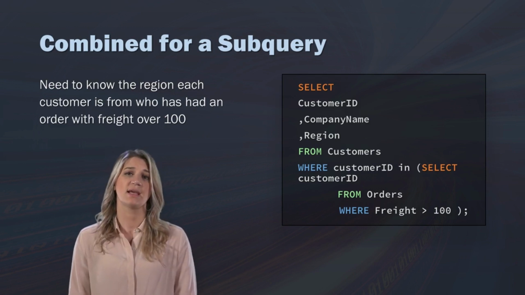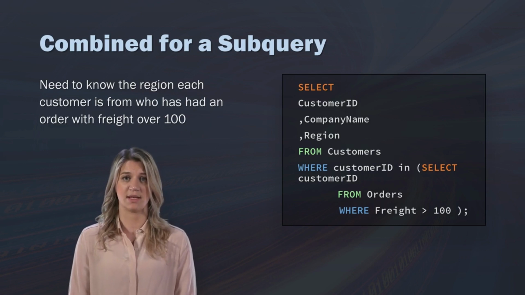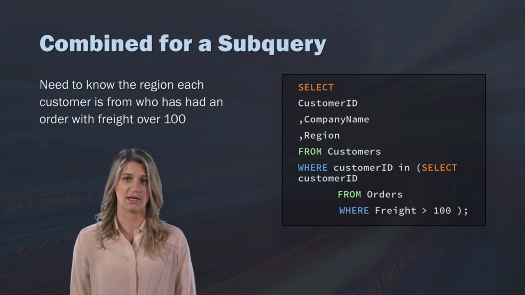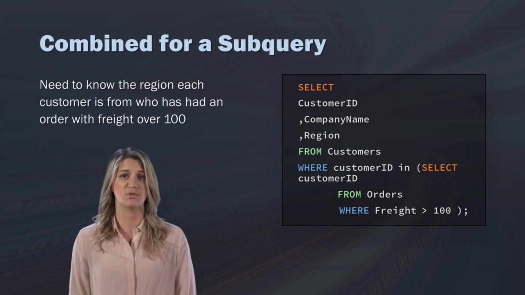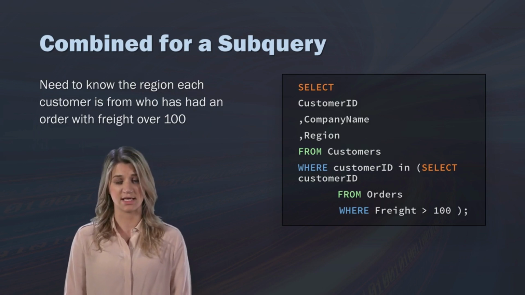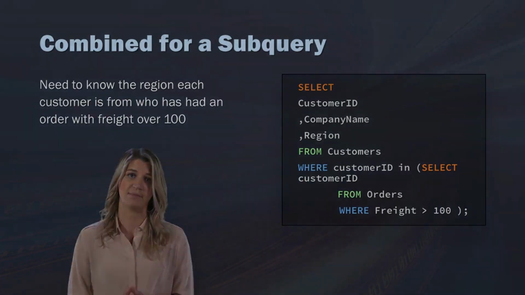What I'm saying is where the customer ID is in the select statement. Remember, we're using this as a filtering criteria. It's saying only to return the region, company name, and customer ID for those customer IDs that are in this other select statement.